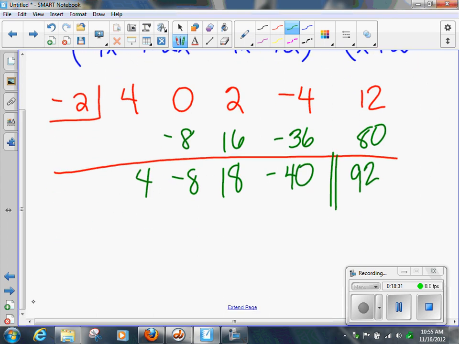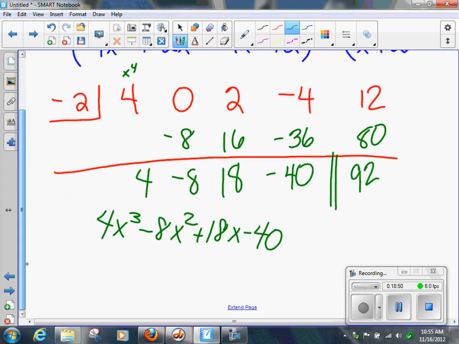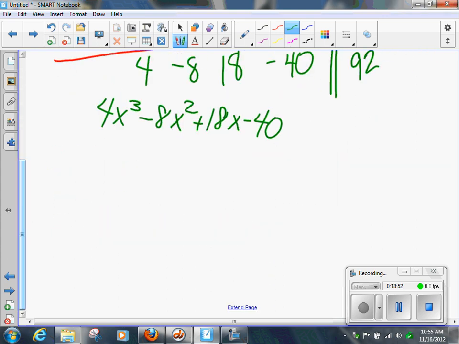Here we go. What do we do? First of all, my 4 goes with which term? Because this one's x to the fourth, so 4 has to be 4x cubed minus 8x squared plus 18x minus 40, and then what do we do with the remainder?